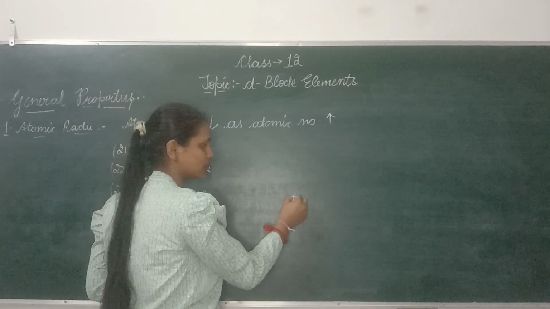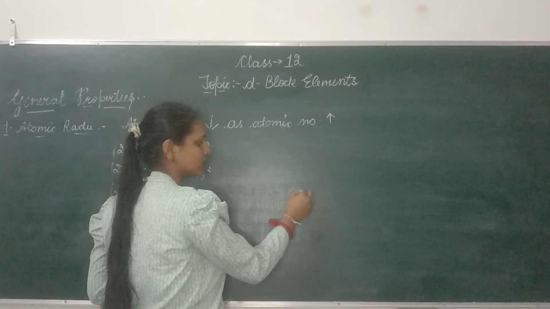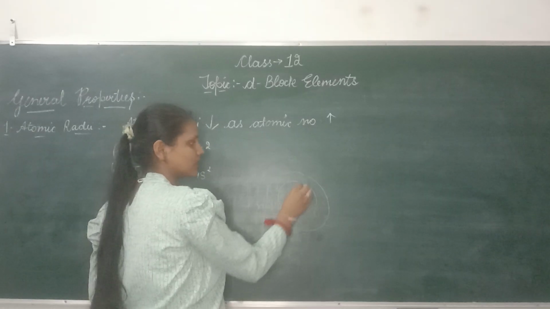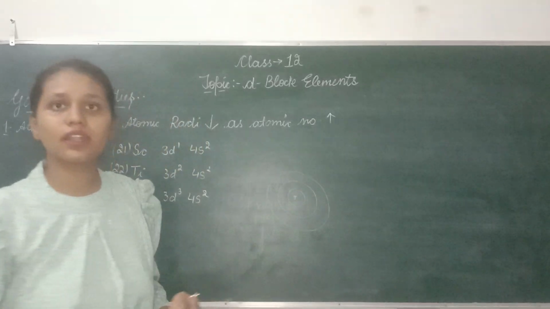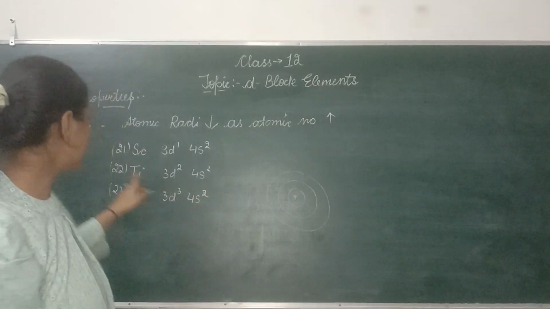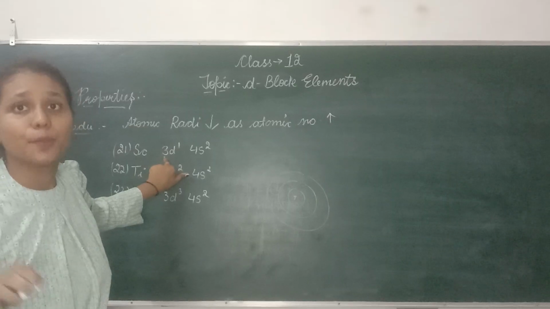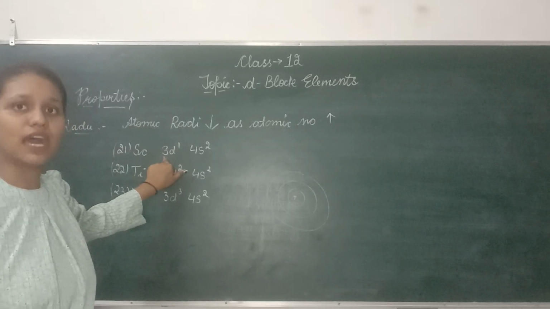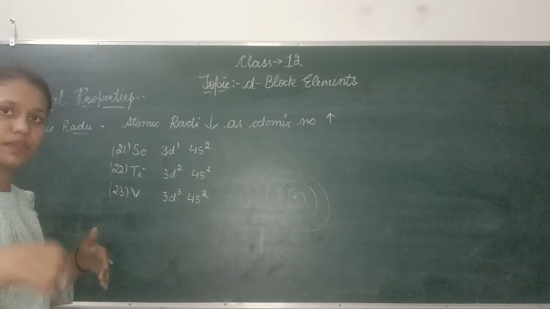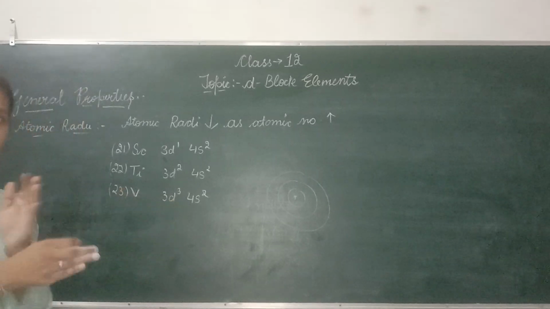Suppose this is the nucleus and these are the orbitals; this is the electrostatic attraction. It increases with the increase in atomic number because electrons are added in the d subshell.